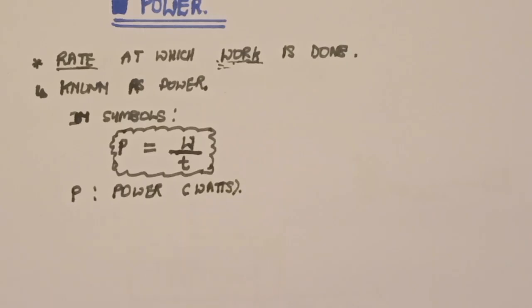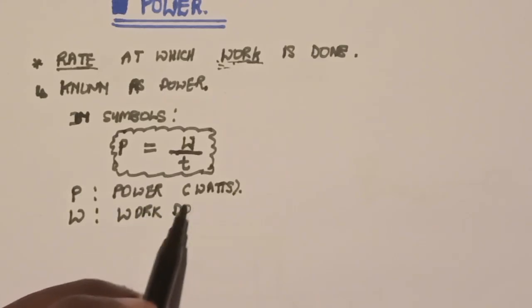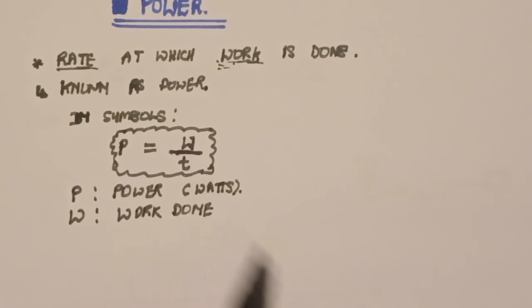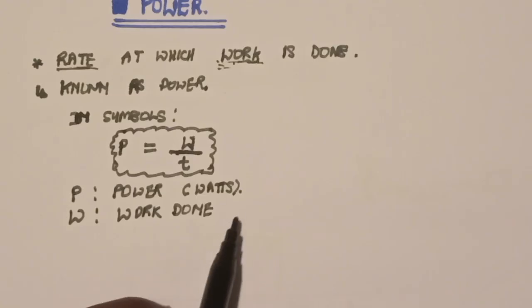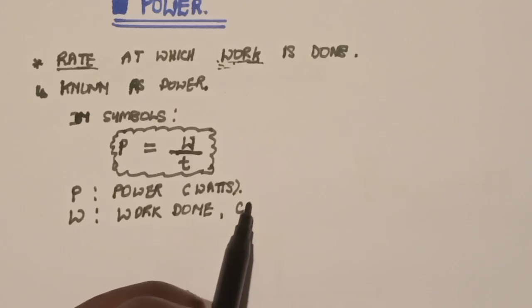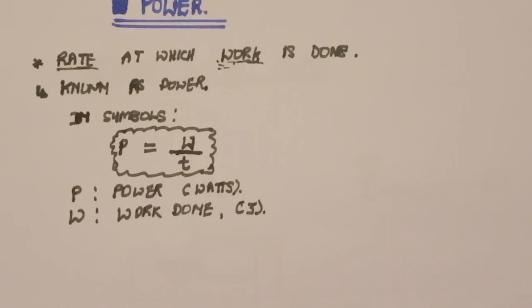Then we have W. W represents work done on an object, but I won't write the full detail, I'll just write work done. We measure work done in joules, as I explained in the previous videos.